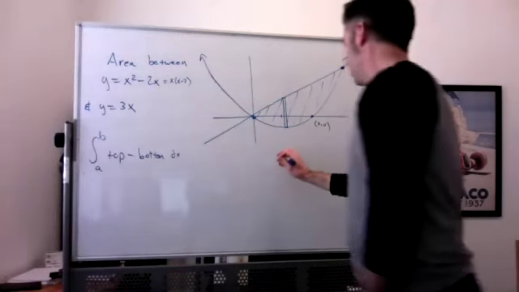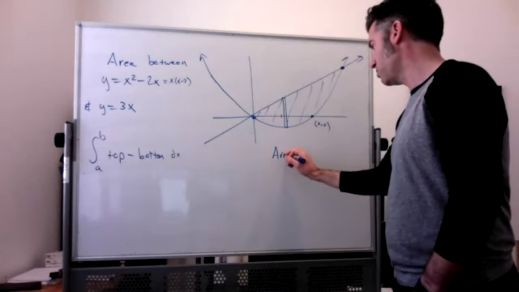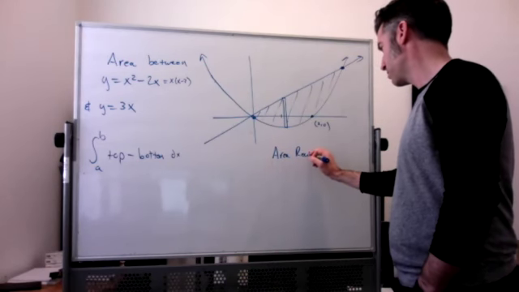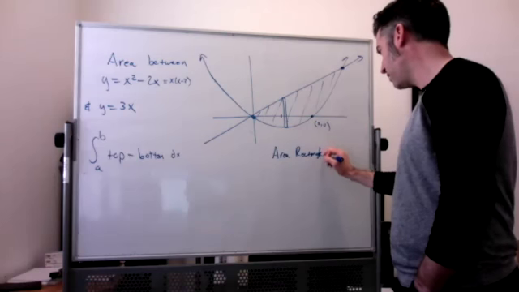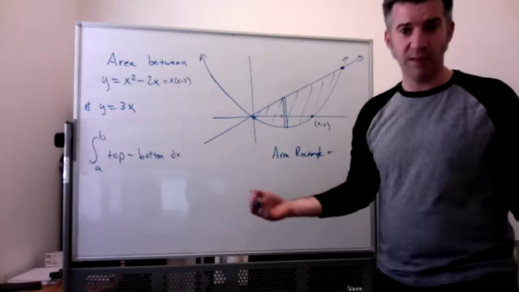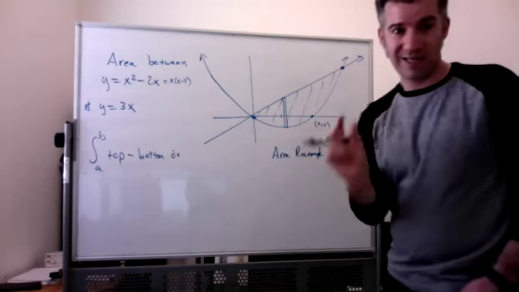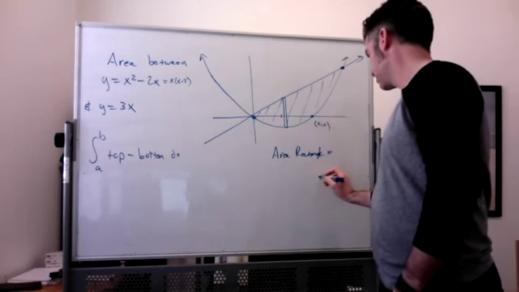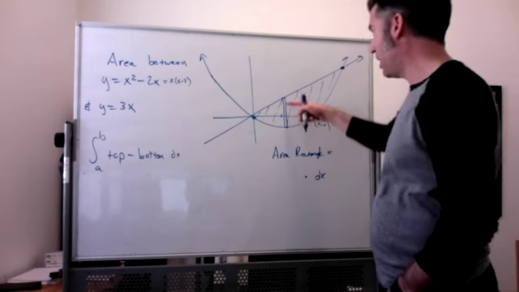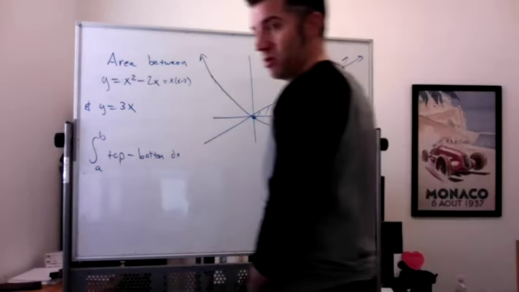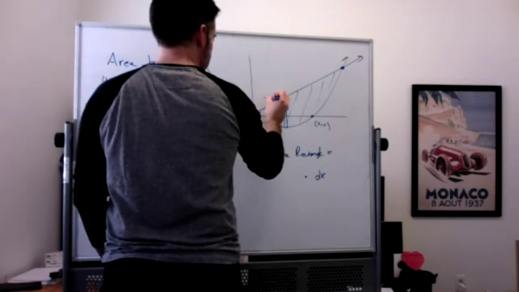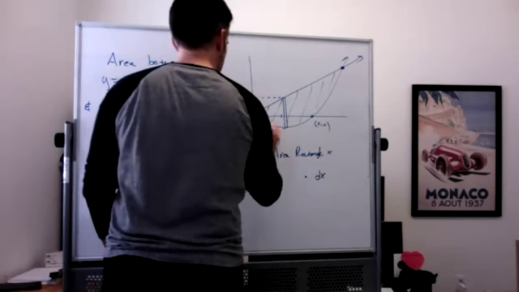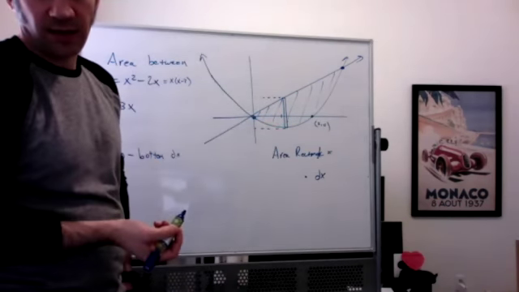And the area of this rectangle, well, we know how to find the area of a rectangle. It's base times height. The base is really small. The base is dx. The height is the top function minus the bottom function. So that's the height, right?